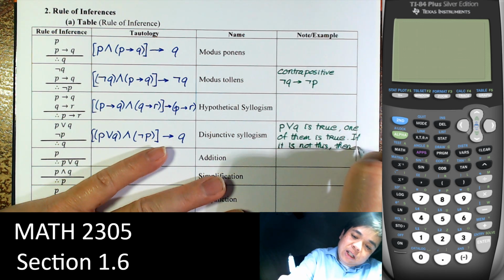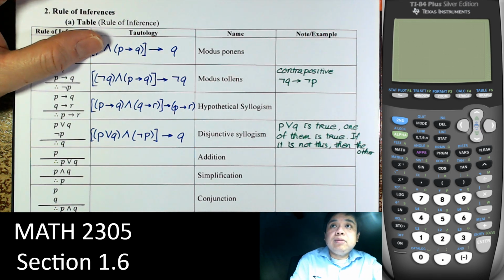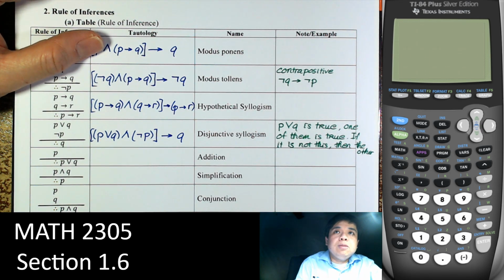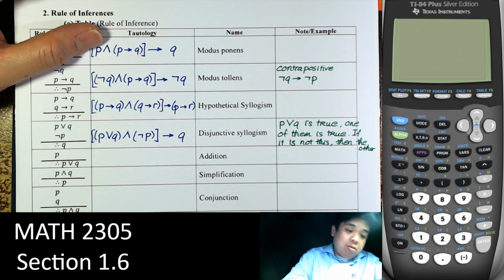If it's not this, then it has to be the other. So that makes sense, right?